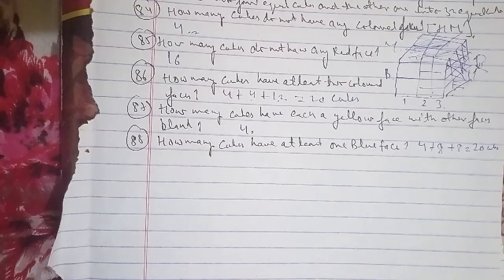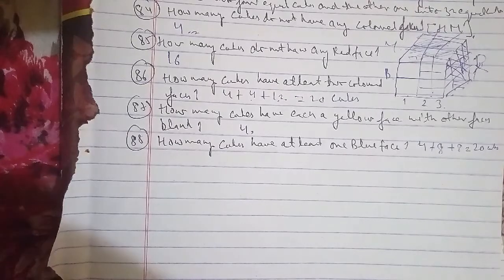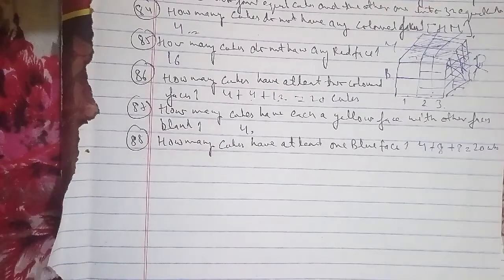The question is, a cube is painted red on 2 adjacent faces and one opposite face, yellow on the 2 opposite faces and green on the remaining faces. It is then cut into 64 equal cubes, and this has been asked in the SSC examination paper.